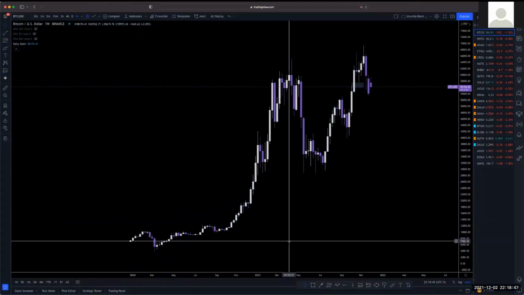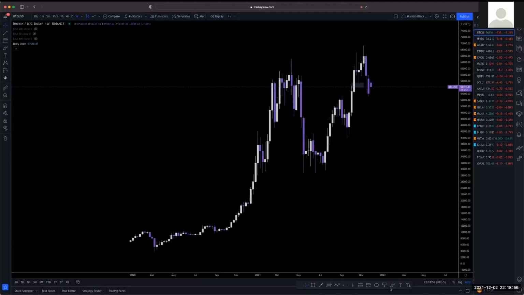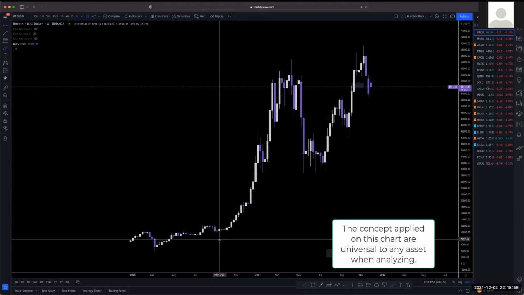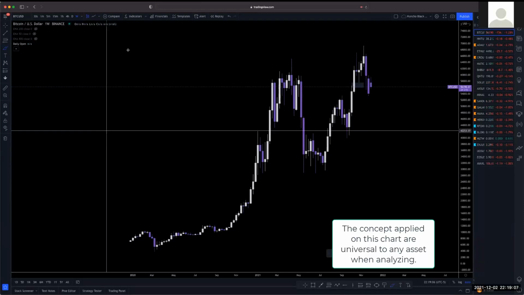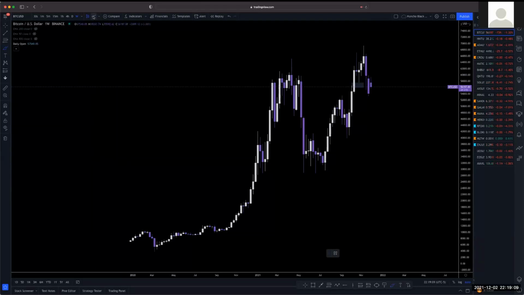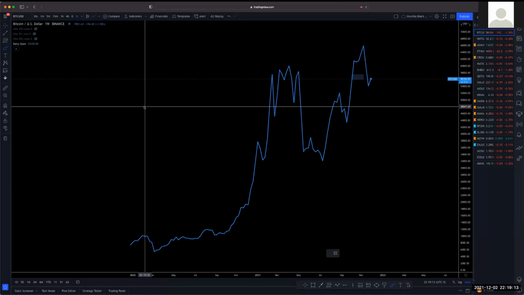Just an FYI, all right? When you look at a chart, for example, when you are analyzing Bitcoin, just like in any chart, you will find a series of higher highs and higher lows. Whether you're looking at a candle chart or a line chart, this applies to both.